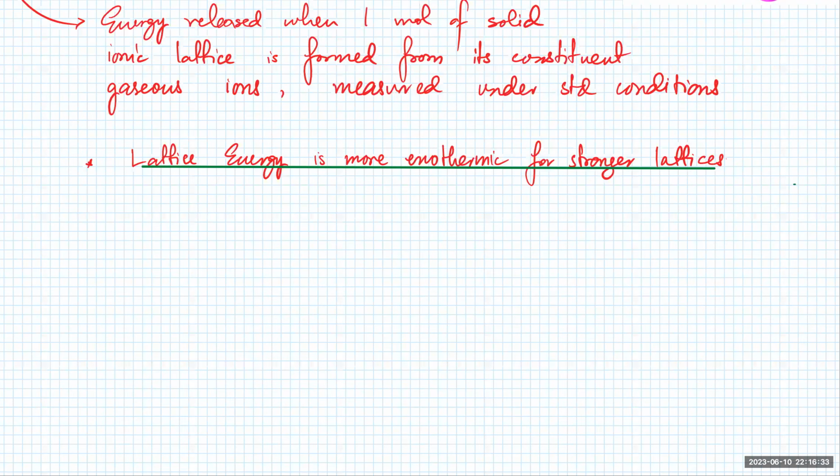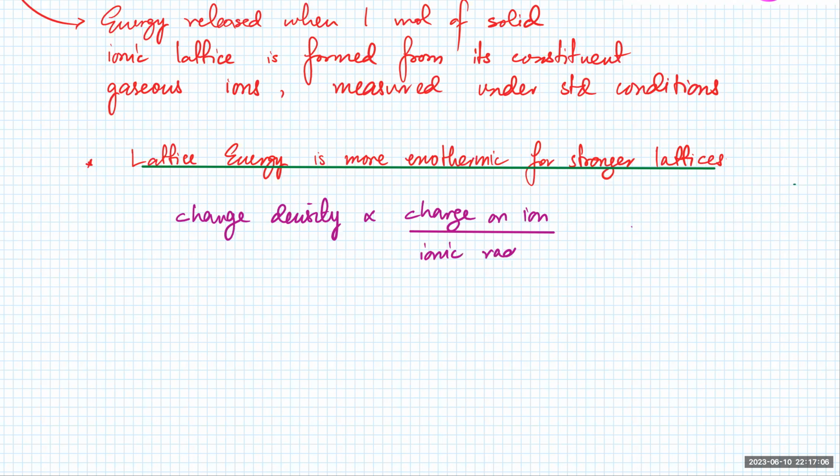Is it how highly charged the ion is? It basically depends on the charge density, which is proportional to the charge on the ion. The greater the charge, the stronger the lattice. And it's inversely proportional to the size of the ion. The bigger the ion, the weaker the lattice.